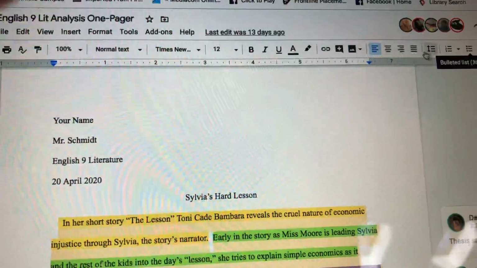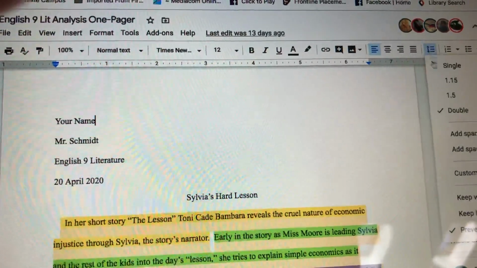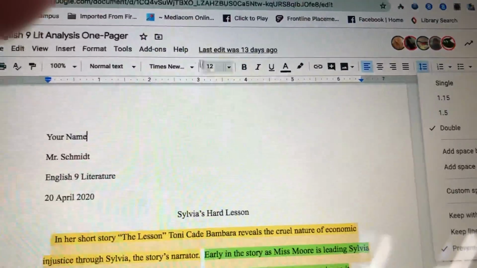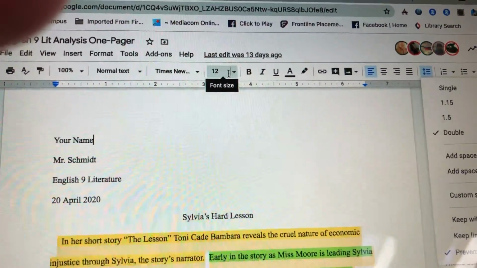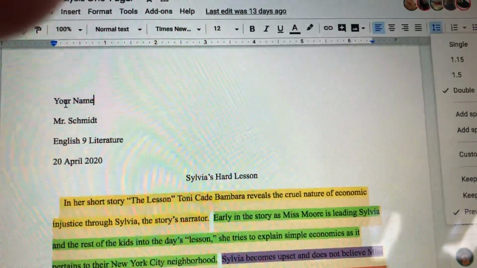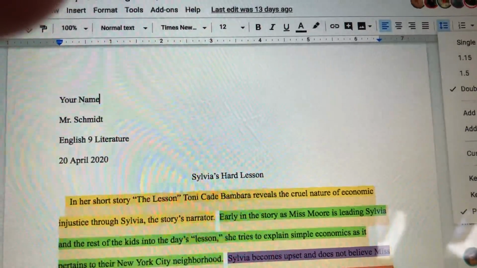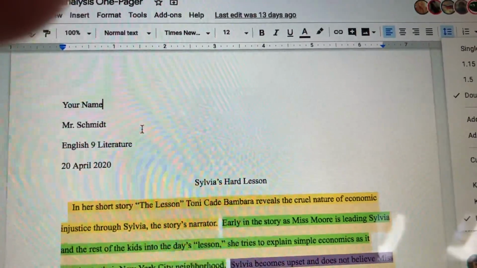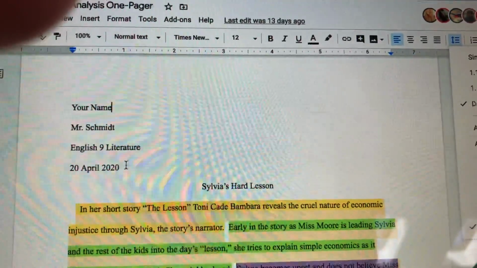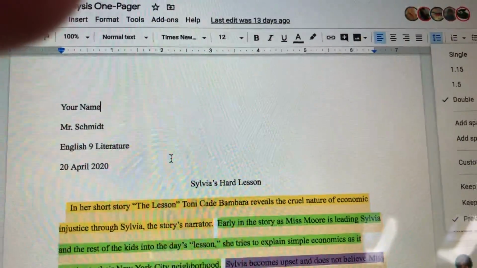First of all, you want line spacing to be double spaced. All right. You want Times New Roman 12-point font. Okay. And then just notice things up here on the left. Include your name followed by my name and then the title of the course and the date that you're either writing it or the date that you finish it, whatever.